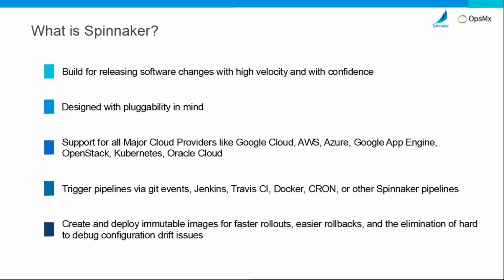When I say multi-cloud platform, we can deploy Spinnaker on Google Cloud, AWS, Azure, Google App Engine, OpenStack, Kubernetes, Oracle Cloud, and also if you have a proxy server within your network or an on-prem or a private cloud. So basically, anywhere and everywhere, the installation is possible.